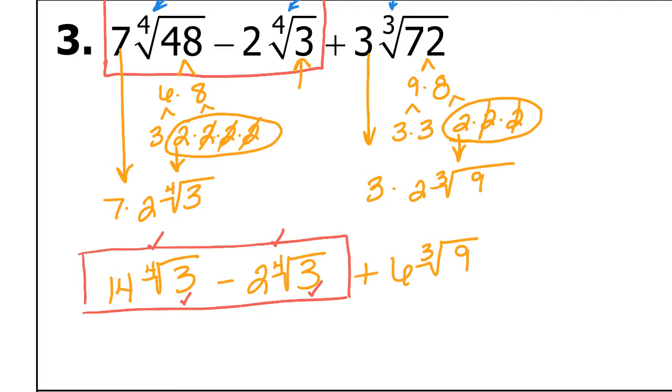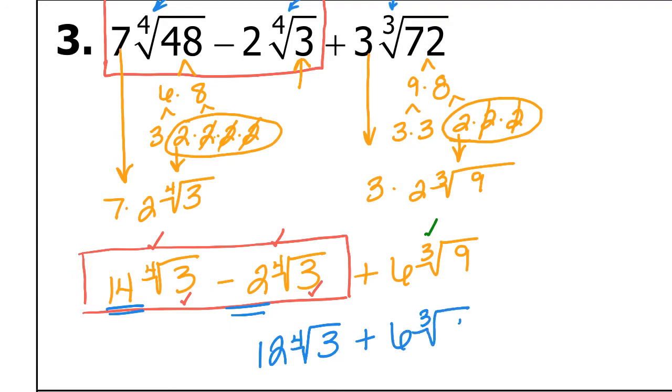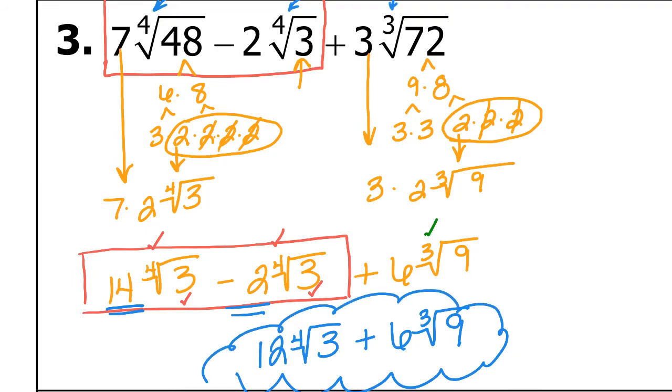My third term, however, only has an index of 3, and so it is unable to combine with the first 2 terms. So now I know I can work with just the coefficients, and 14 minus 2 gives me 12, 4th roots of 3. And since I can't do anything with my third term, I simply bring it down, making sure to keep my indexes and my radicands right where they're supposed to be.